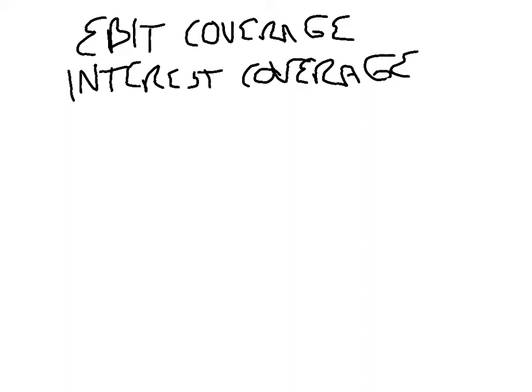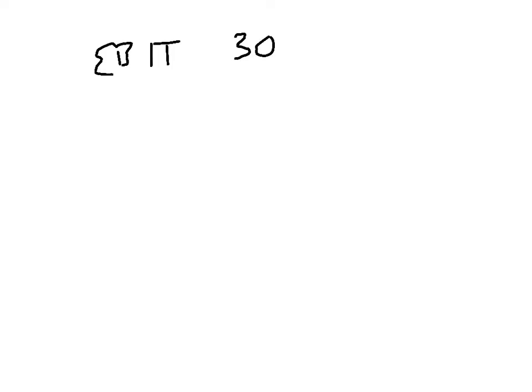So let's look at that. We have a company where, currently, our EBIT is we'll say 30, right? And our interest expense is we'll say 5, and we'll tie that off over here on the balance sheet.